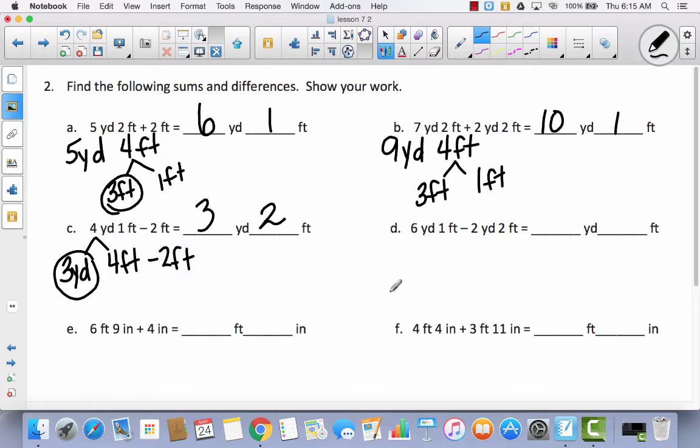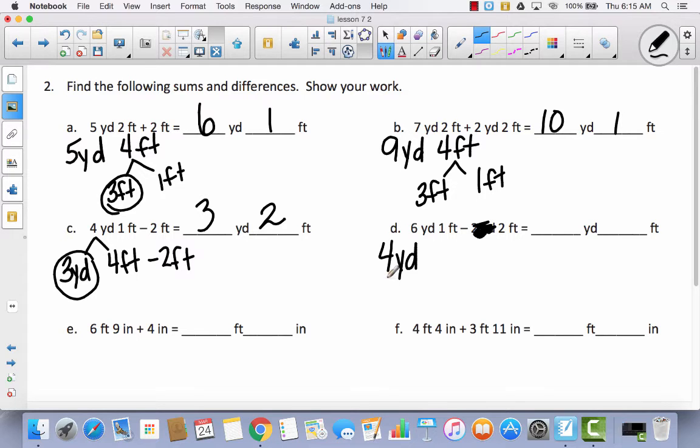Okay, let's try that one more time. So I'm trying to take away 2 feet away from 1 foot. Let's start by subtracting our yards, okay? 6 minus 2 is 4 yards. You can do that, right? All right, so now this 2 yards is gone. I've already subtracted it. Now I'm trying to take away 2 feet, but I've only got 1 foot here, so I can't do that. I'm going to have to decompose this 4 yards.